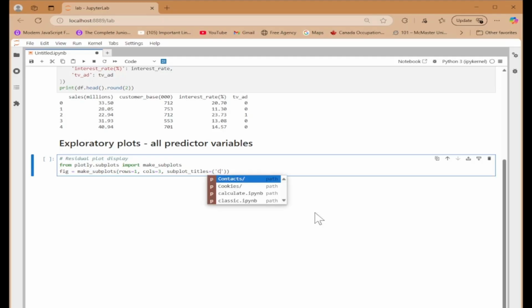So first is going to be customer base versus sales.